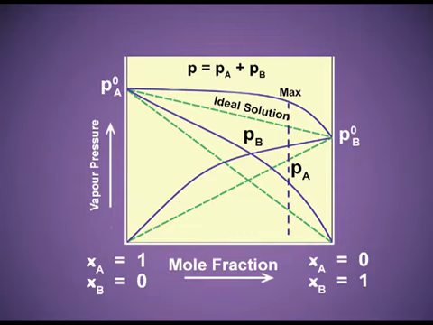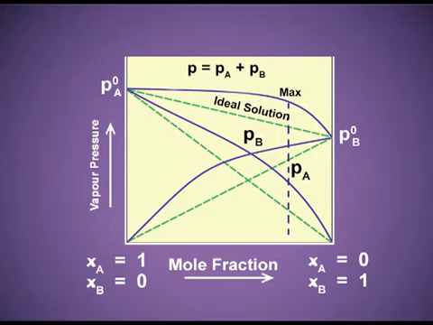Graphically, we can compare the two deviations. In the case of Raoult's law, when we draw the graph, we get straight lines. But for the positive deviations, the curves are on the upper side. You can see from the graph, the dotted lines are showing the graph for the ideal solution. These are straight lines. But you can see the curves on the upper side.